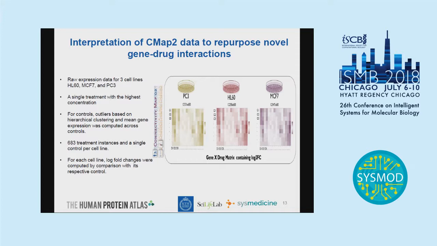And I chose a single treatment with the highest concentration, which also has the highest correlation within these 3 cell lines. For the control cases, outliers based on hierarchical clustering were excluded, and the mean gene expression was computed across the controls. In the end, I had 683 treatment instances and a single control per cell line. Then for each cell line, log fold changes were computed by comparison with the respective control.